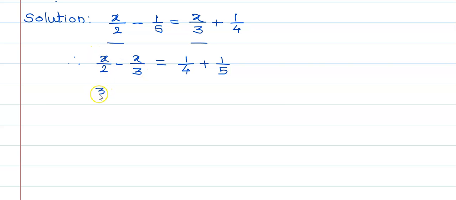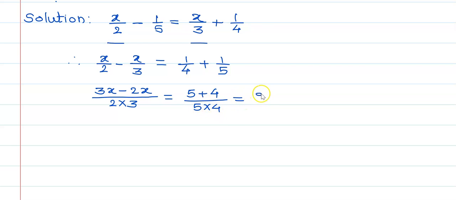That is 3 into x, you will get 3x, minus 2 into x, that is 2x, and the denominator is 2 into 3. And that's equal to, here again cross multiplication, 1 into 5 is 5, 1 into 4 is 4, so 5 into 4, you will get 9 upon 20.